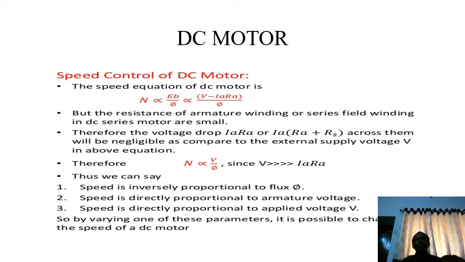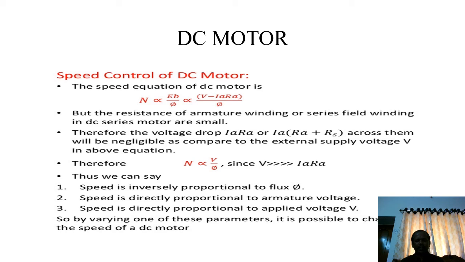When we are considering the series field or shunt field, the resistance drop is negligible as compared to the supply voltage. Then speed is directly proportional to V by pi. Therefore, speed is inversely proportional to flux pi.